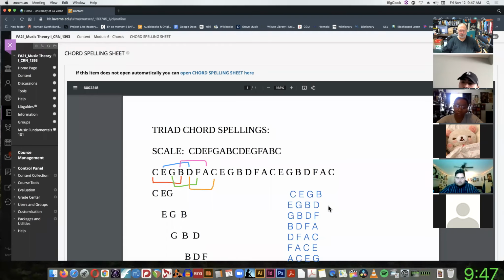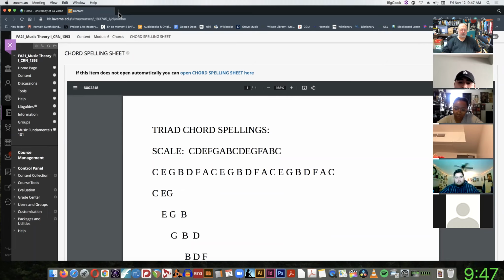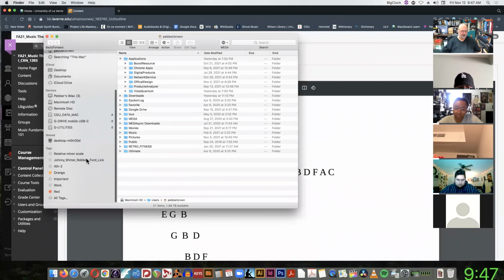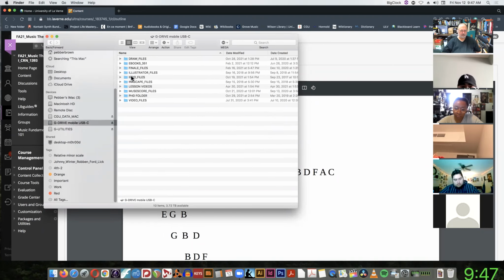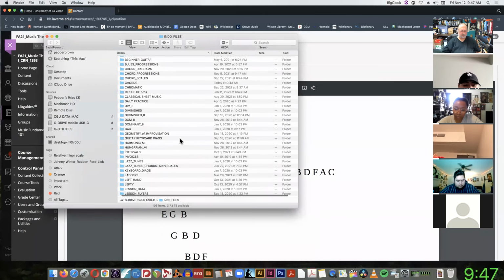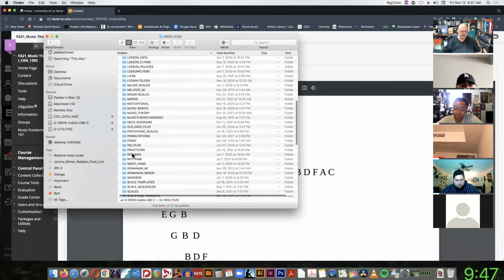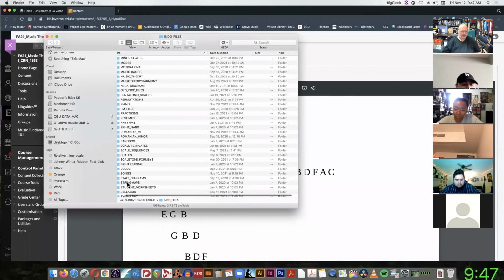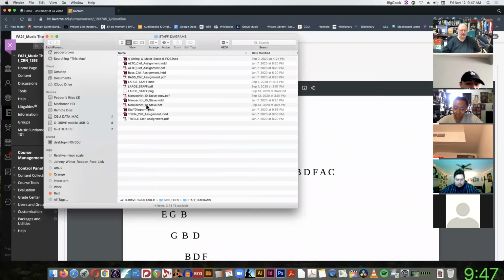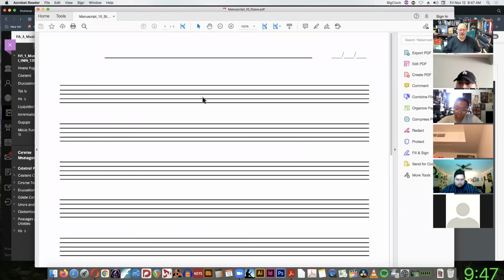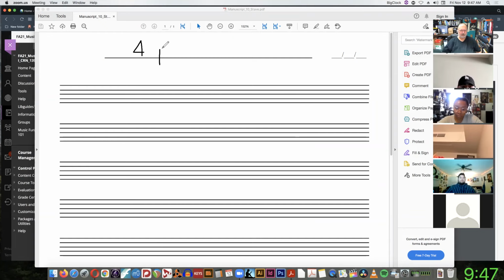Okay, so now, how can you modify a seventh chord, a four-part chord? Well, if we go back to our music paper, let's take our four-part chords.